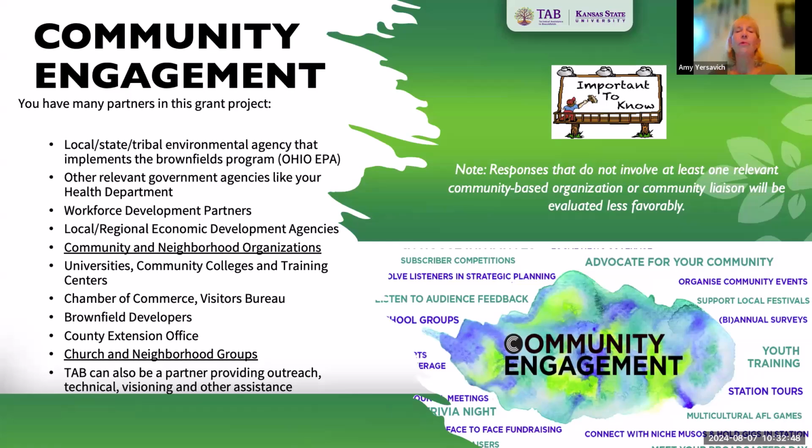So keep in mind, what do you need? Who do you want as a partner? Who's going to help you with your issues, what you're trying to address with your grant project? Don't just pick any partners. You want to make sure that they're applicable and can help you with your grant project. Next slide.